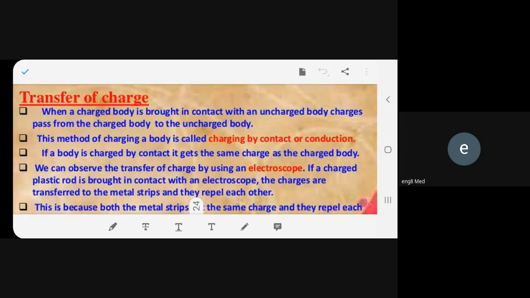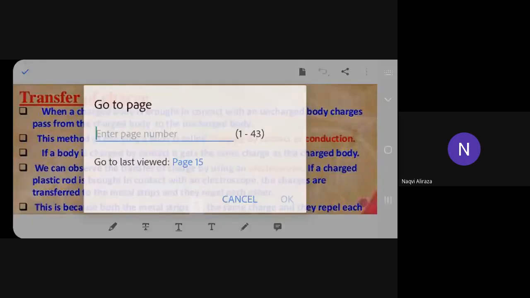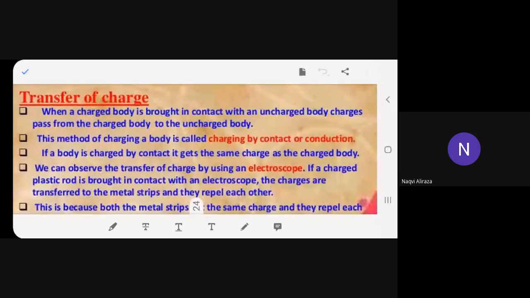Hello. Is there any problem, beta? Did you understand or not regarding the electroscope?